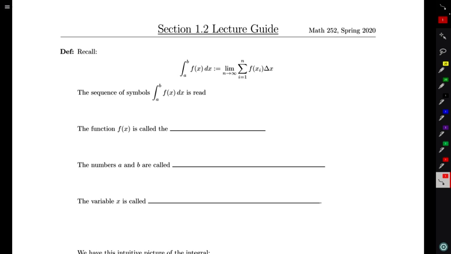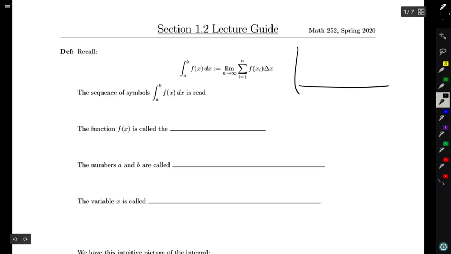So we defined this sequence of symbols last week, and we said that we intended for it to represent the area under the curve of some function. And we defined it using this right-hand side here, where we're looking at this thing called a Riemann sum, and it was intended to represent a small chunk of the area under the curve.